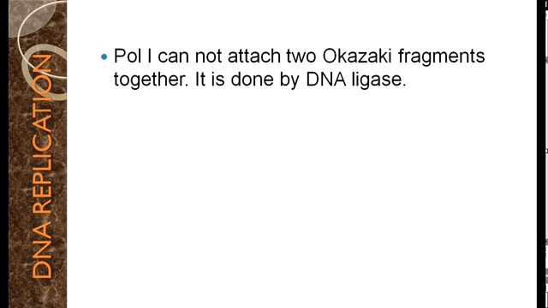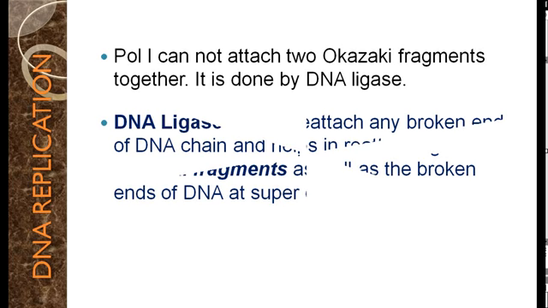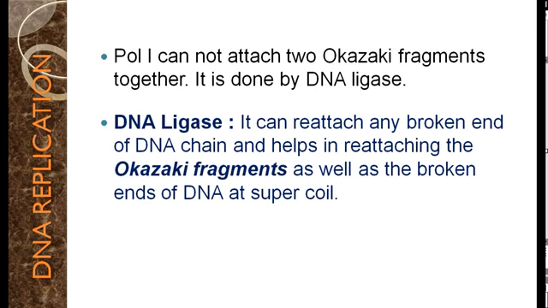Therefore, another enzyme is needed. It is called DNA ligase. It can reattach any broken end of a DNA chain and helps in reattaching the Okazaki fragments as well as the other broken ends of DNA at supercoils in bacteria.